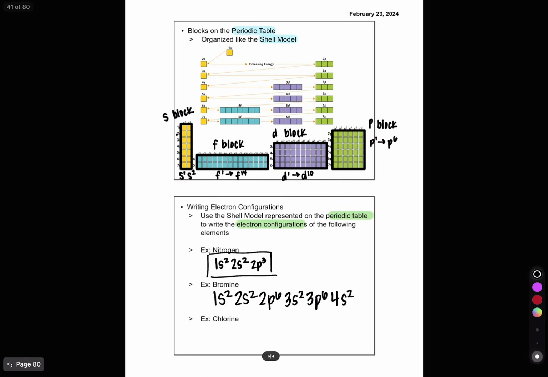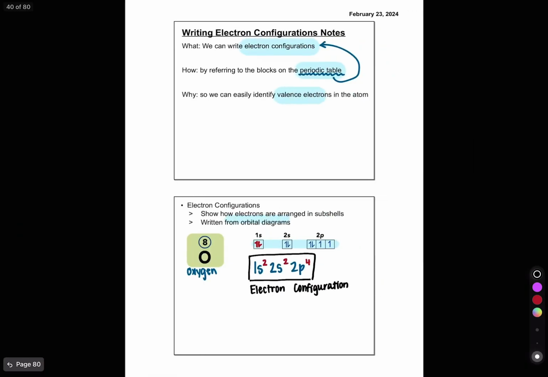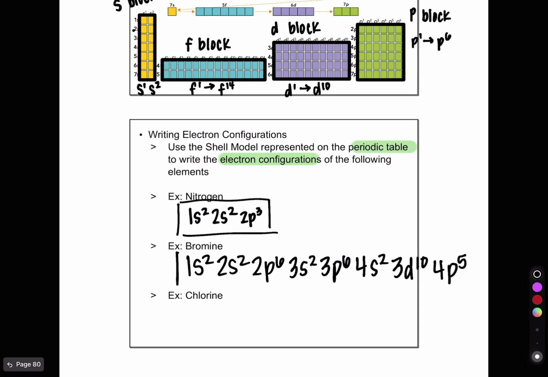That means the 3D orbital is going to be filled with 10 electrons. That means bromine right here is in the p orbital. Now the p's have the same coefficient as my period number, so these do correspond to 4p's. My counting goes back to normal. Since bromine is in the 5th spot, bromine's ending electron configuration should be 4p5. And this full string of numbers and letters is bromine's electron configuration.